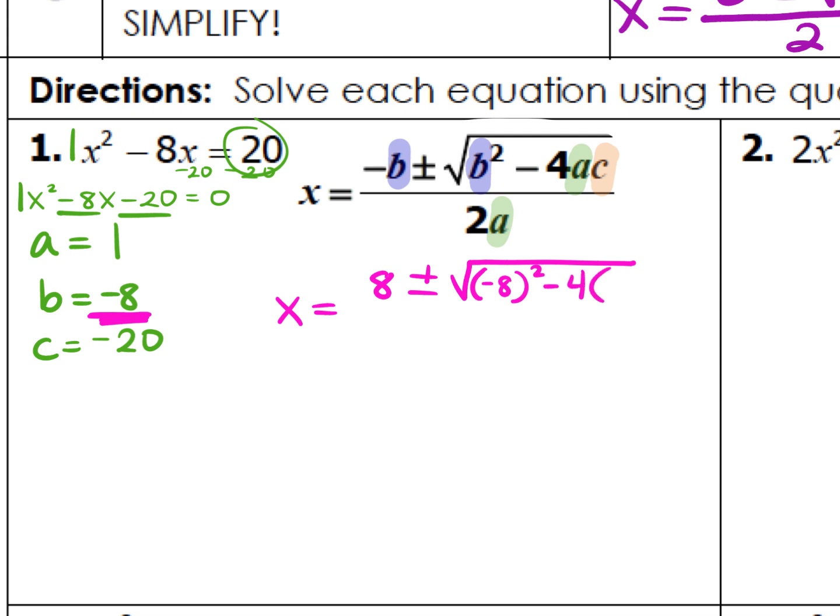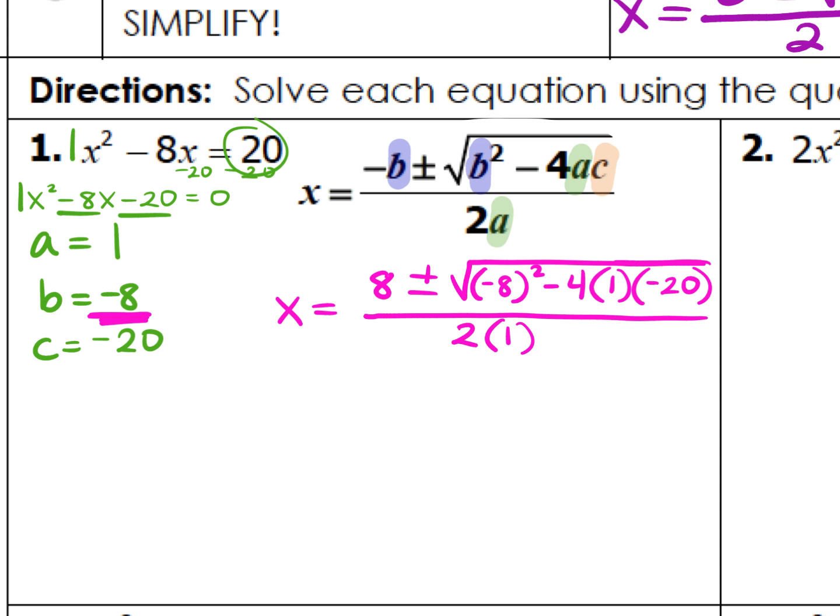Minus 4 times what? AC. Which is what number right now? 1 times negative 20. Right? Your C value. Okay? That whole thing gets divided by 2 times your A value, which is 1.